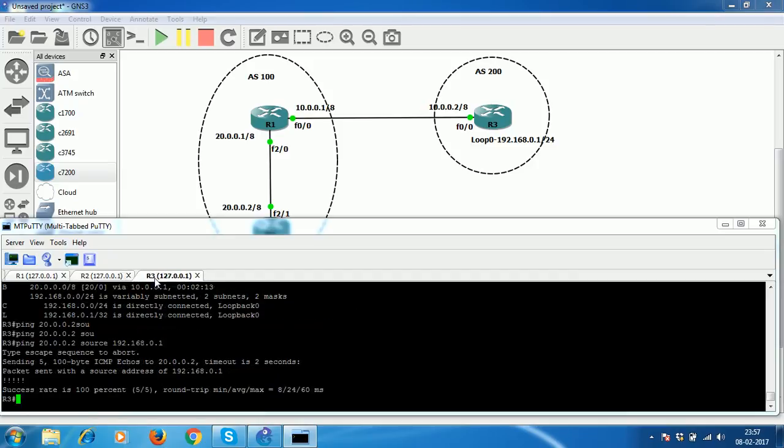By default when you are pinging from R3 to destination IP 20.0.0.2, the source IP will be the exit interface IP. In R3 the exit interface IP is in the 10 network, which is not known by R2, so that packet is discarded. If I ping the same IP 20.0.0.2 with the source IP 192.168.0.1, it is successful.